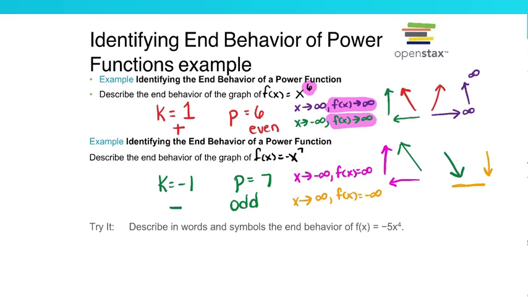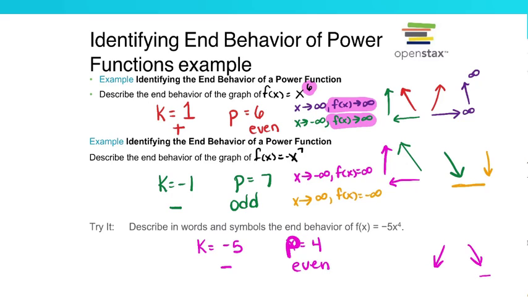Describe in words and symbols the end behaviors of f of x equals negative 5x to the 4th. Okay, so we have k equals negative 5, so that's a negative, and p equals 4, so that is even. So we know they both point in the same direction, and the right behavior for a negative is pointing down, so they're both going to point down.